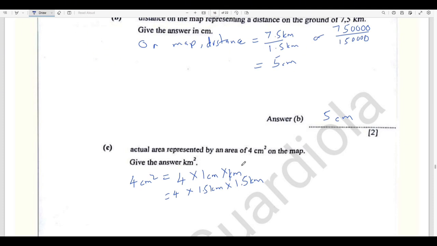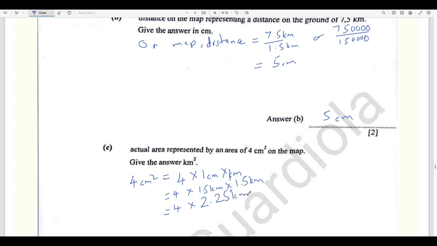If we calculate 1.5 times 1.5, obviously we are not using a calculator in this paper, it is the same as 3 over 2 times 3 over 2, which gives us 9 over 4. And if you multiply by 4, that gives us 9. Or the long way, 1.5 times 1.5 gives us 2.25.